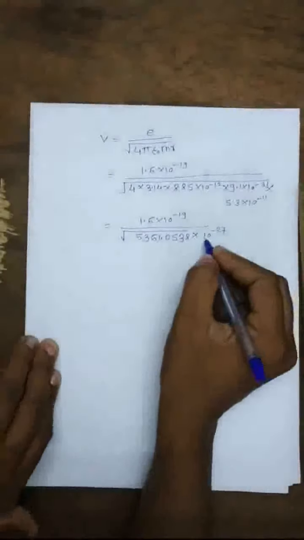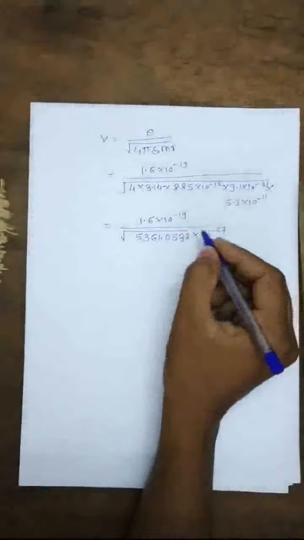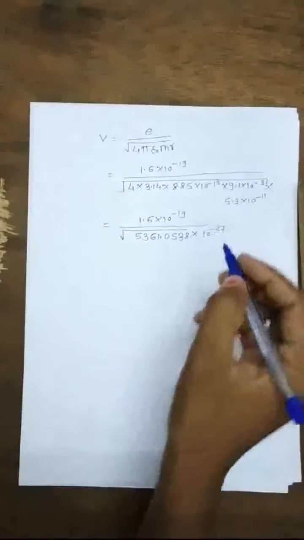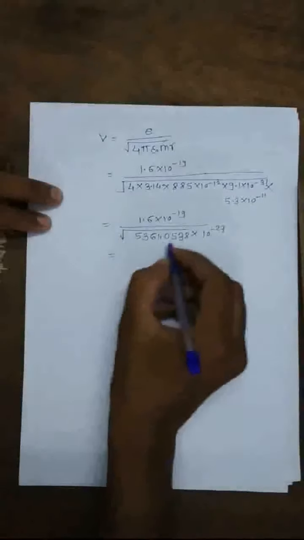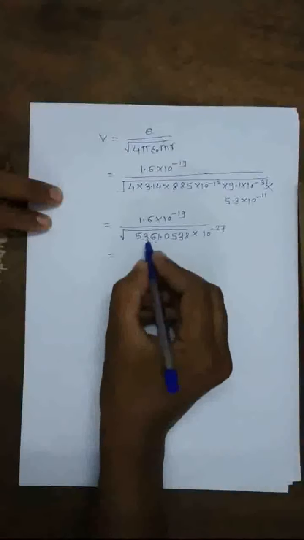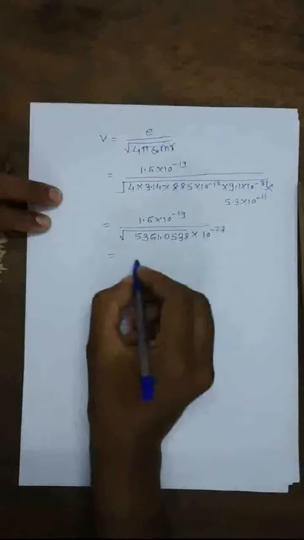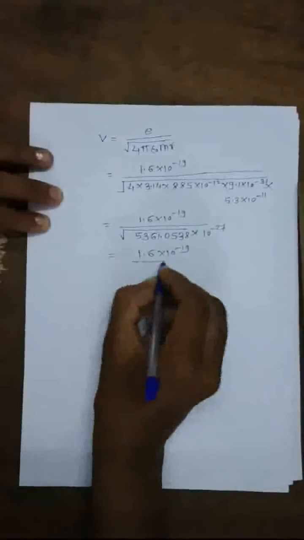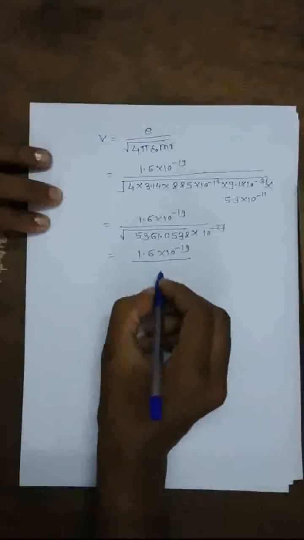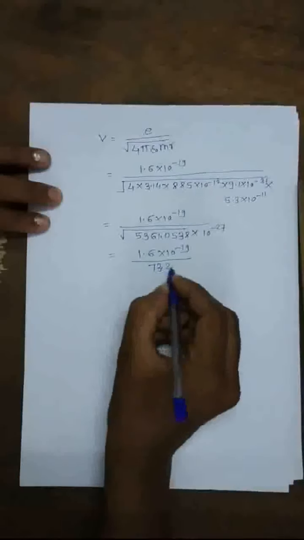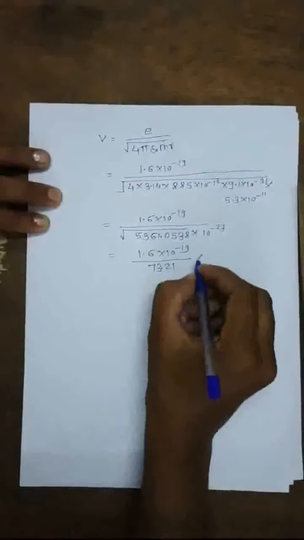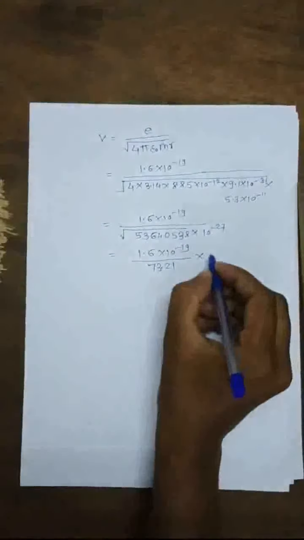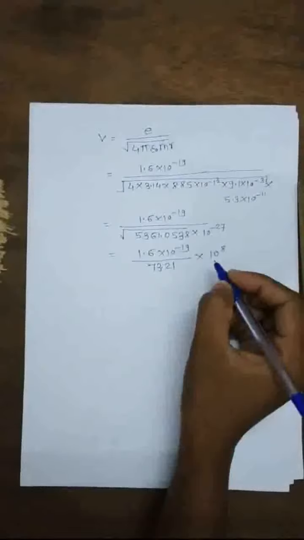This 10 raised to minus 27 we take out of the square root. Therefore, the square root of 5361.05 is 73.21, so this will be 1.6 into 10 raised to minus 19 divided by 73.21 into 10 raised to minus 19 plus 10 raised to 27, and this will be 10 raised to plus 8.